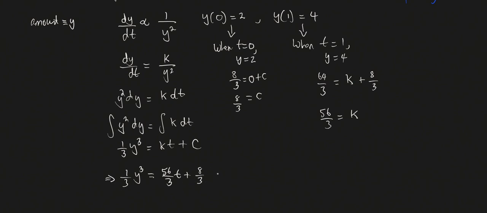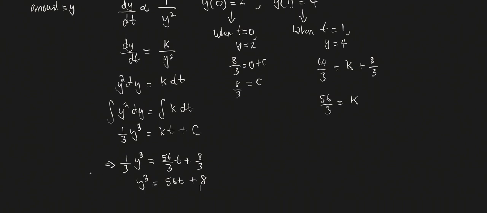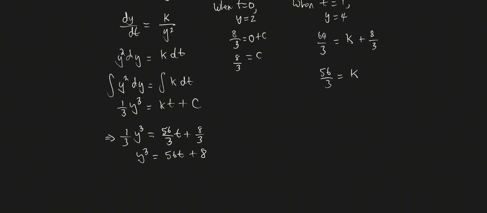Multiplying both sides by 3 gives me y cubed is equal to 56t plus 8. And then we can take the cube root of both sides to now express our quantity as a function of t.